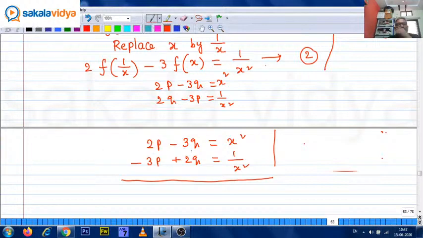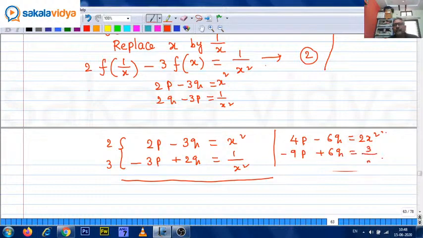So now we need to eliminate q. Multiply this with 2 and this with 3. What happens now? 4p minus 6q equals 2x square, and minus 9p plus 6q equals 3 upon x square.